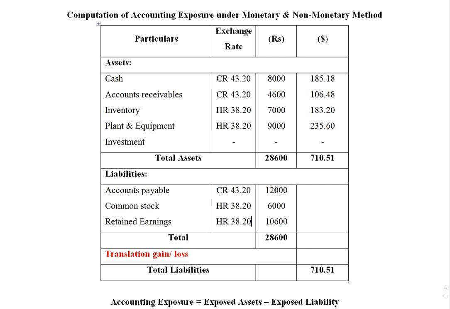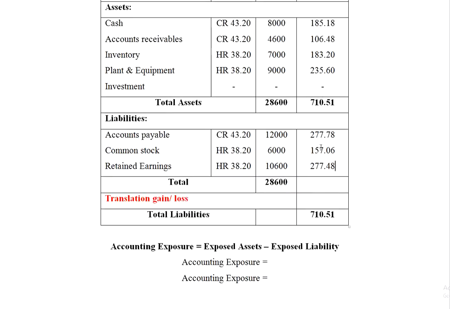So you have to divide all these: 12,000 by 43.20, you are going to get 277.78, and 6,000 divided by 38.20, 157.06, and 10,600 by 38.20, that is 277.48. Let us check the total of all these three items right now.